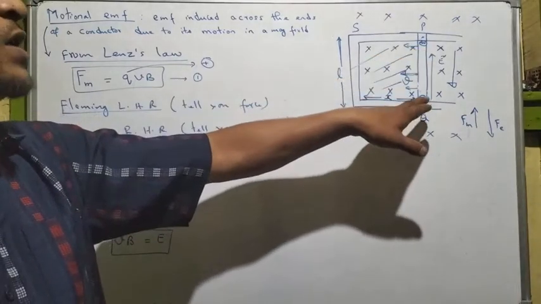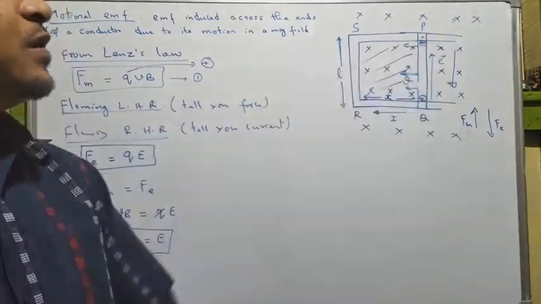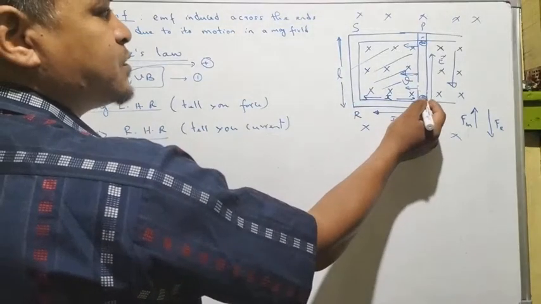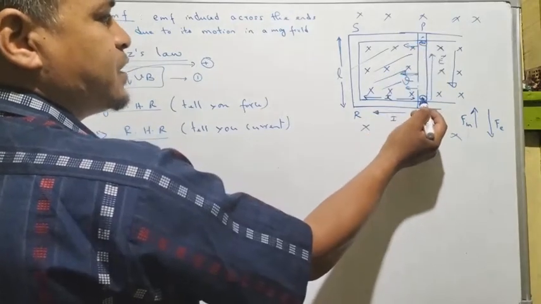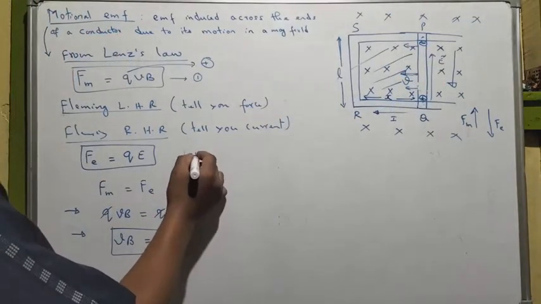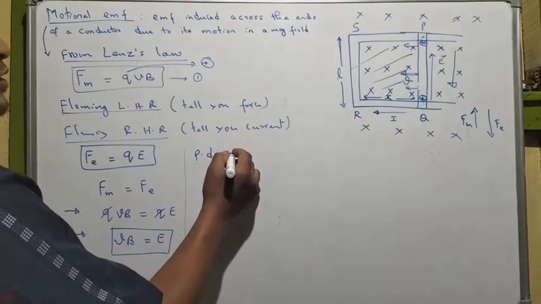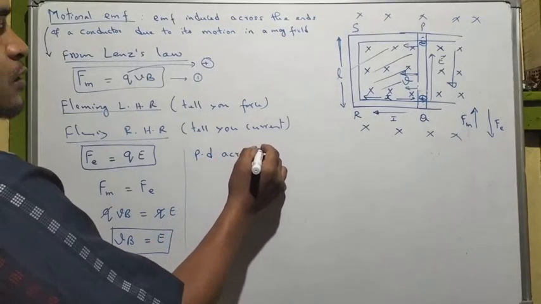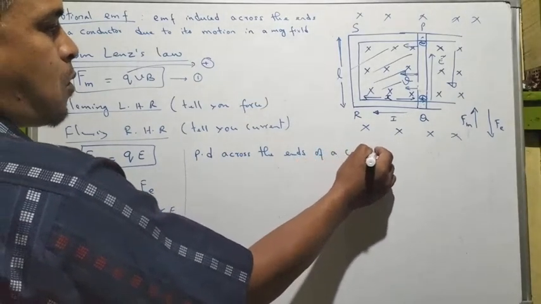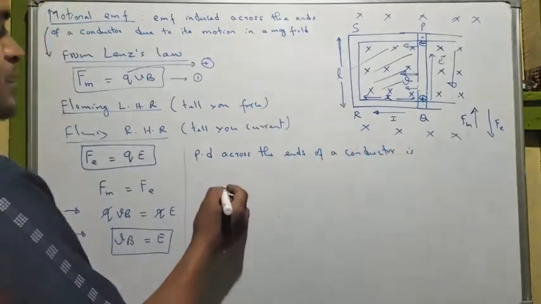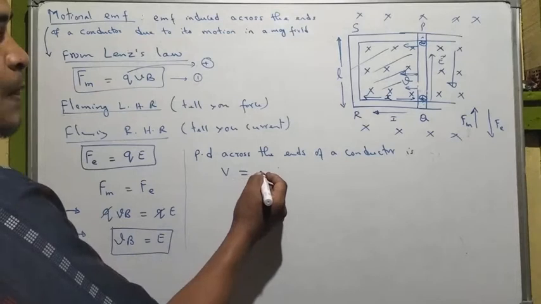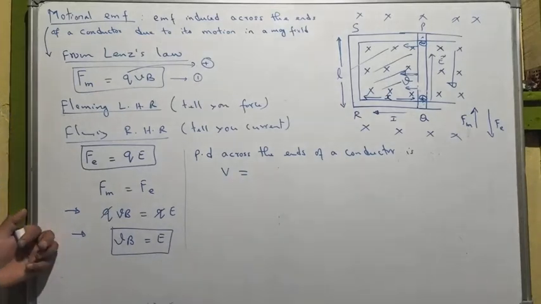Okay, so now after this, look at this figure once again. Because of this electric field, then we have what? Electric potential difference. Because one end is positive, another end is negative, so there is a difference of potential between this point Q and point P. So I will write here the potential difference across the ends of a conductor is, let me write as V. Okay, don't get confused.